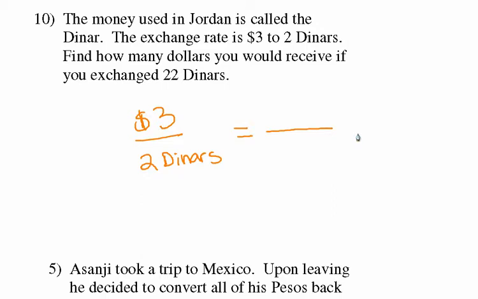Now, should I put the 22 dinars in the numerator or denominator of my unknown rate? Well, because dinars is in the denominator here, I need to also put it in the denominator on the right, leaving my unknown dollars in the numerator of the right-hand side.